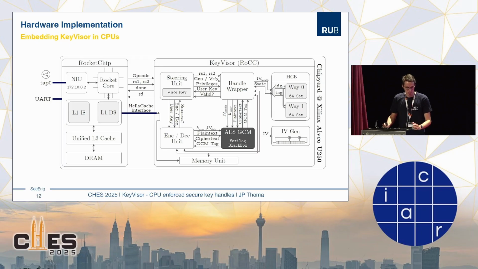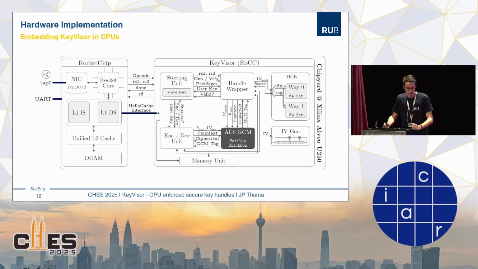So looking at the hardware implementation here, we implemented this on a RISC-V Rocket Chip CPU. You can see we have an interface for the opcodes and the registers, which are used to perform the different functions and to provide the memory references to the plaintext, to the key handles, and to the attributes.